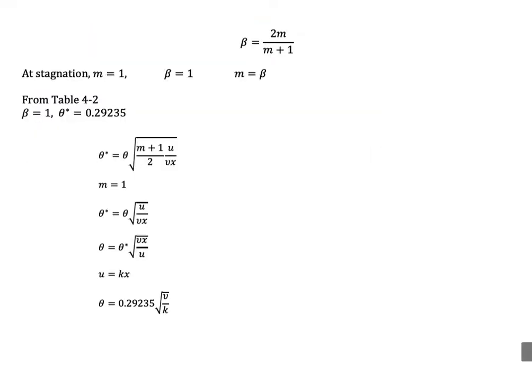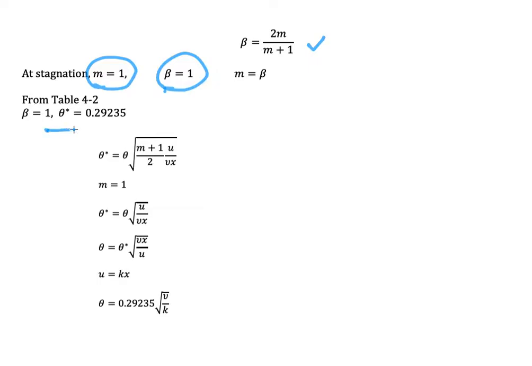And then here is the simplification. This is the value of the equation for beta, and we know that beta is equal to 1, and m is also equal to 1.